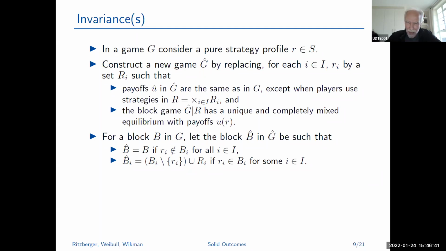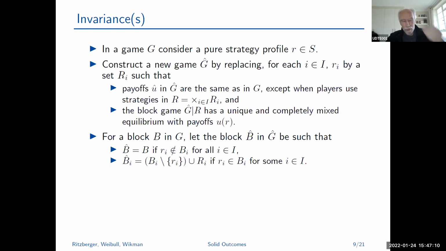And the payoffs when they use strategies in this block R are chosen such that the block game restricted to the block R has a unique and completely mixed equilibrium whose payoffs are exactly the payoffs that the strategy profile R would have generated. Okay? So this is this Myerson-Weibull transformation.